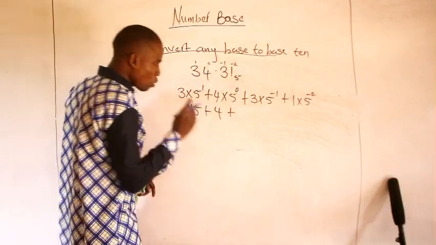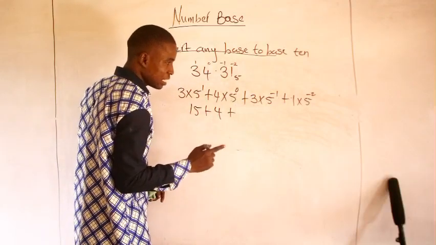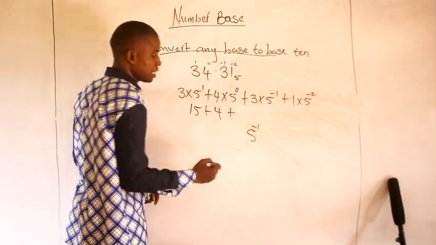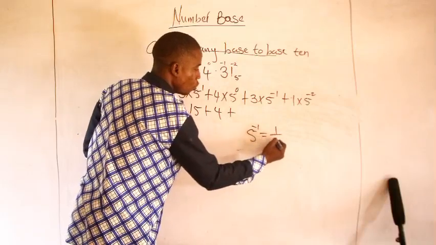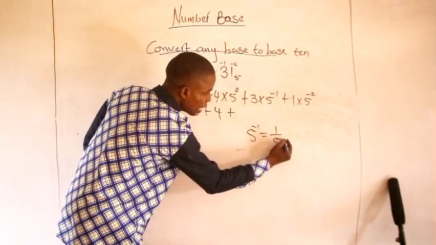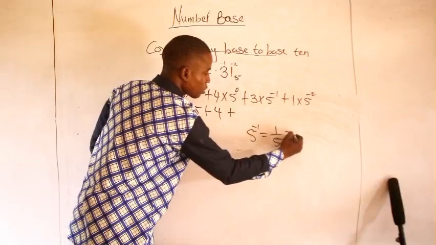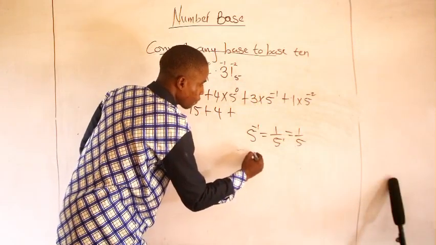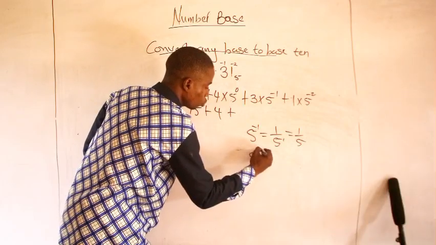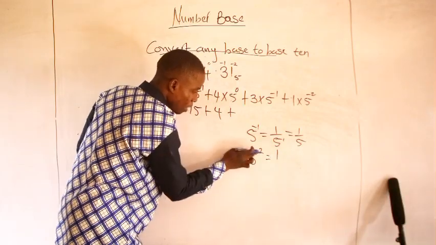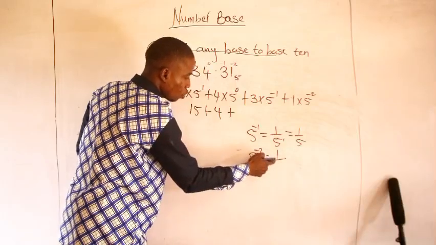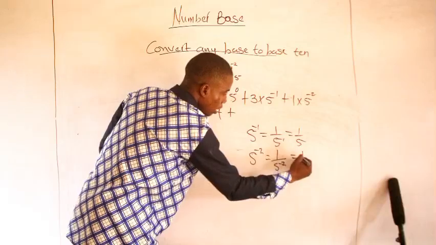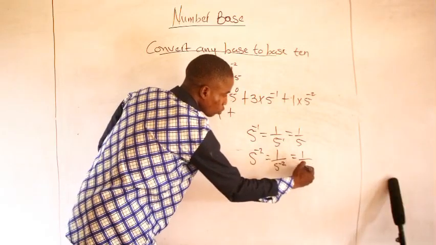Remember, when we have negative indices, 5 to the power -1 is still the same thing as 1 all over 5. And 5 to the power -2 is the same thing as 1 all over 5 raised to power 2, which will now be 1 all over 25.